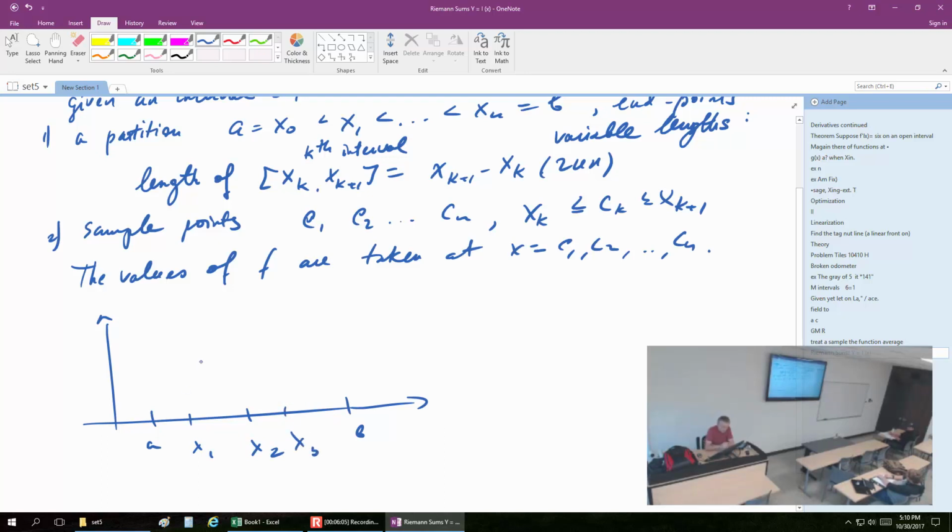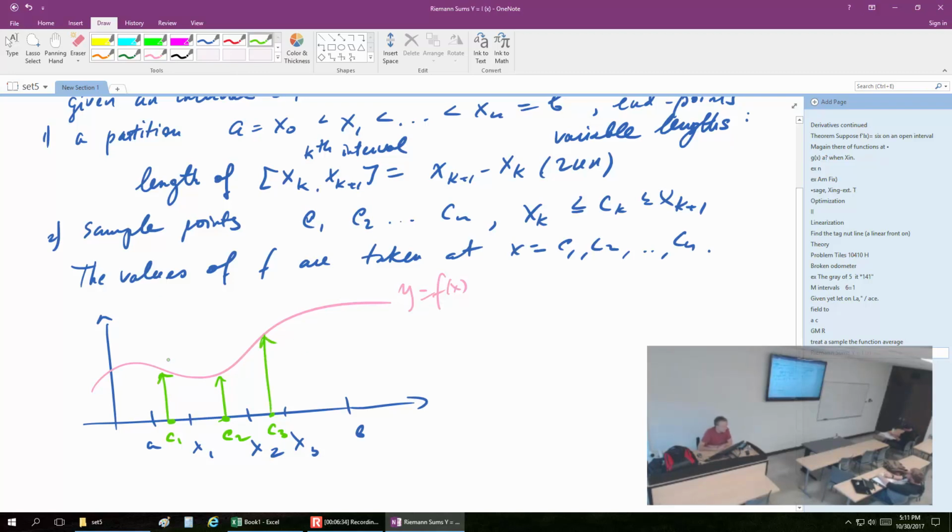And then there are more points in between, c1, c2, c3. And then the graph, I intentionally will put it in pink, to emphasize y equal f of x, that we don't really know what it is. The velocity may be changing, and we sample it. This is exactly how we sample it.